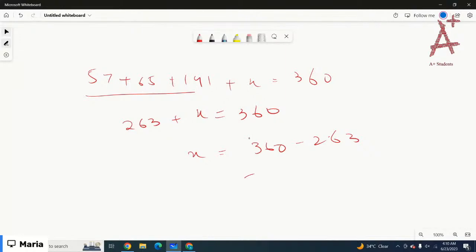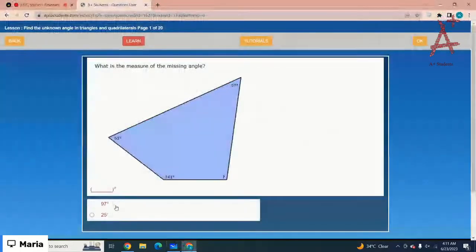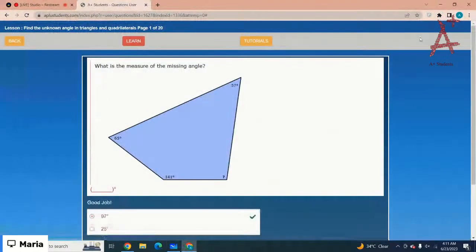That is 97. That means the missing angle is 97 degrees. Got it? The correct option is 97 degrees.